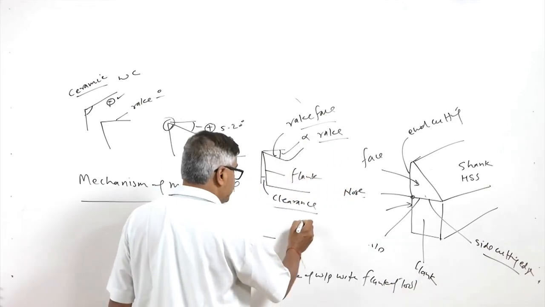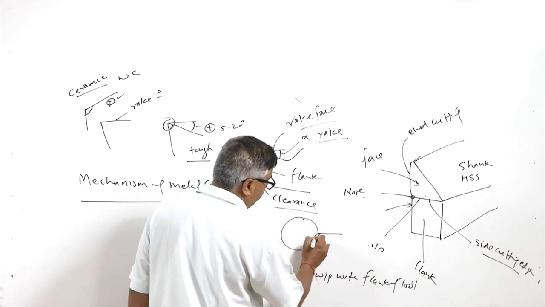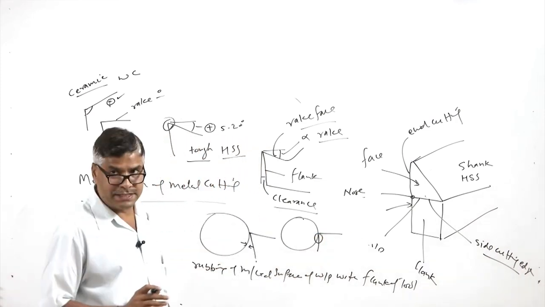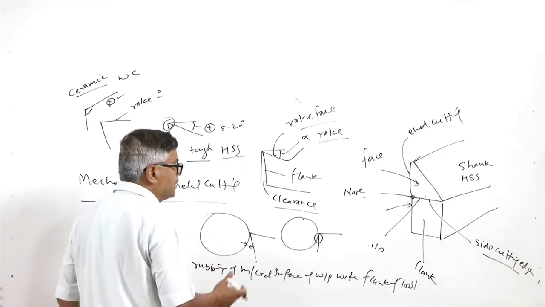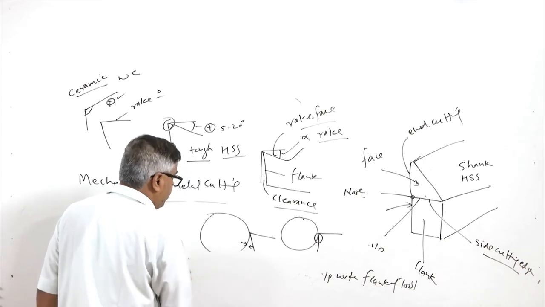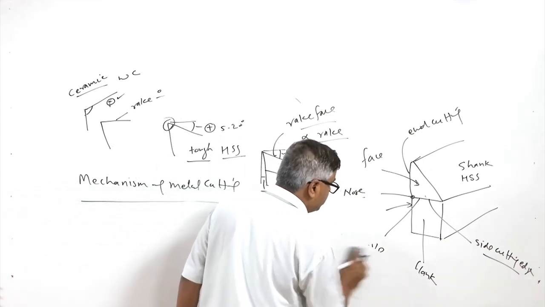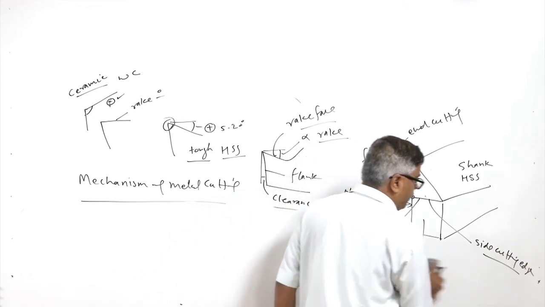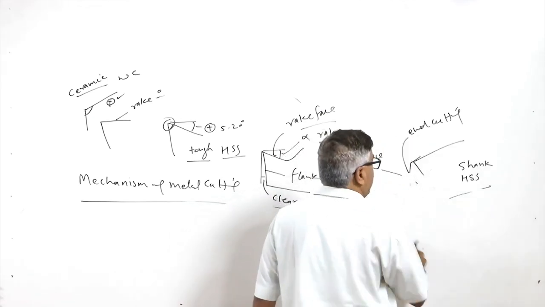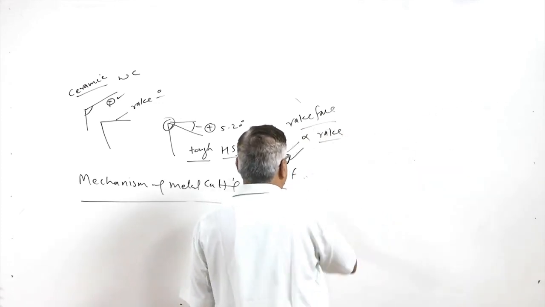If we do not give this kind of inclination, then this portion of the flank will be rubbing with the machined surface of the workpiece, and that will adversely affect the surface finish of the machined workpiece. So, in order to avoid the rubbing of the workpiece with the tool, the clearance angle is given to the flank of the tool.